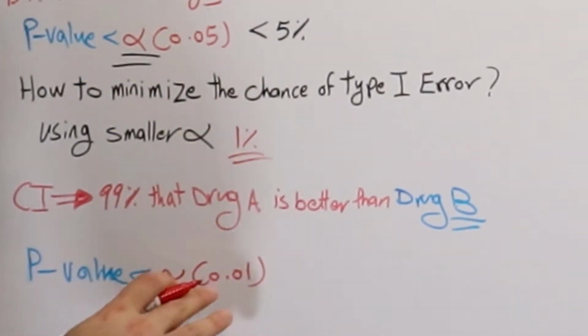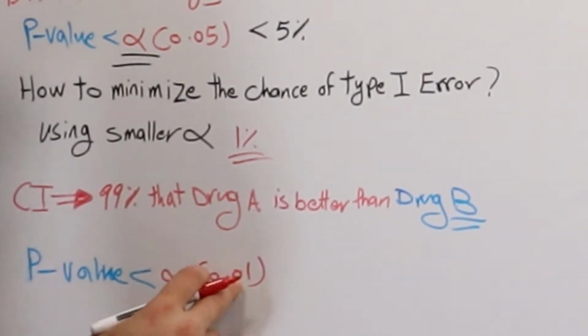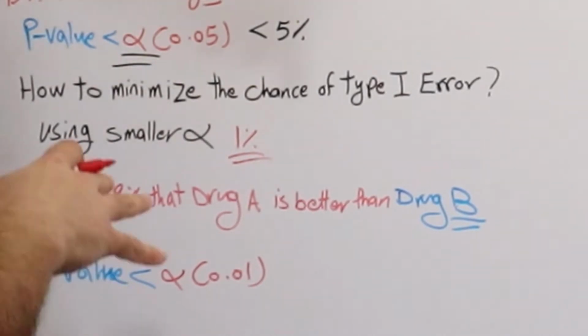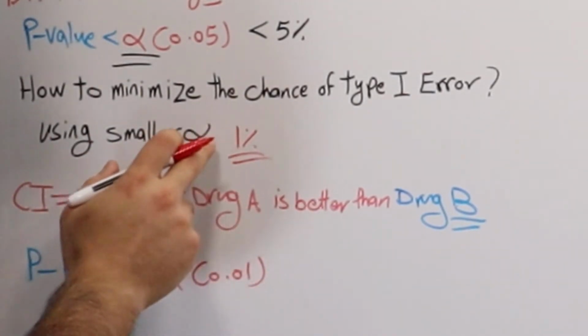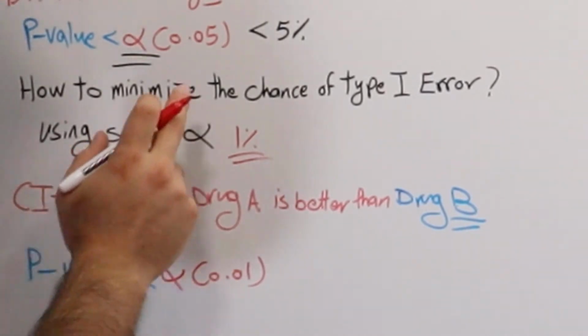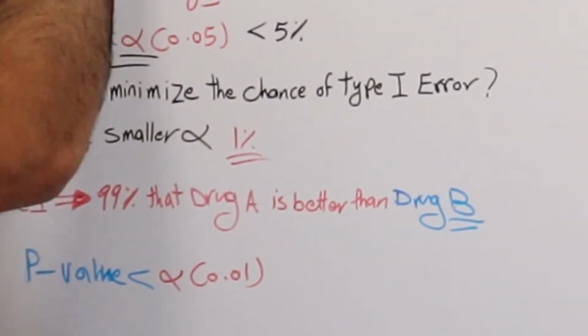So there is less than 1% chance that type 1 error can happen. And this is why by decreasing alpha to 1%, we can minimize the chance of type 1 error. So this is type 1 error.